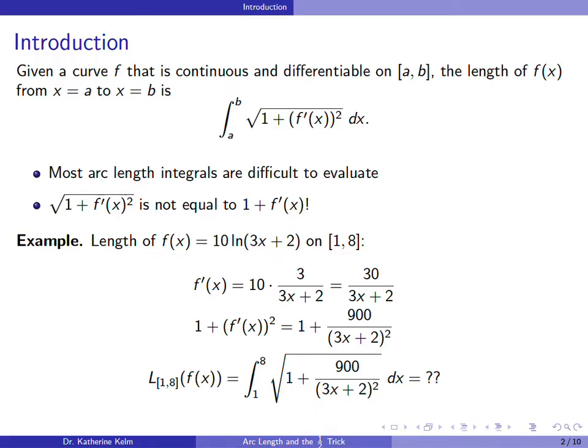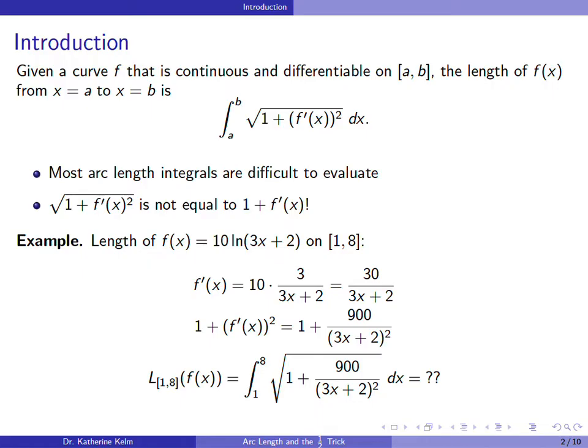For example, suppose we wanted to find the length of f on the interval 1 to 8, where f of x equals 10 times natural log of 3x plus 2. We take the derivative and we get 30 over 3x plus 2. We take 1 plus f prime of x all squared and we get 1 plus 900 over 3x plus 2 all squared.